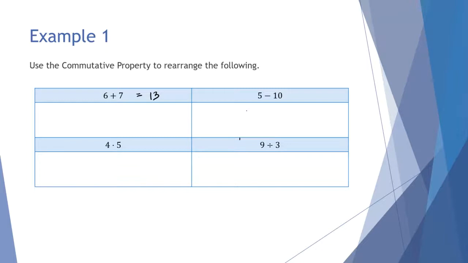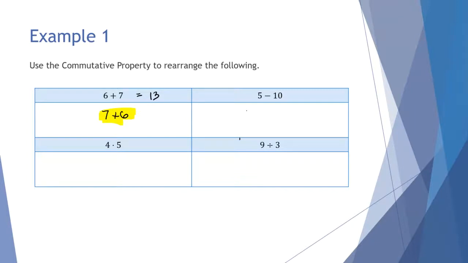So instead of writing 6 plus 7, we can write 7 plus 6. That's using the commutative property. We're just rearranging it, and the answer is the same. 7 plus 6 is 13, 6 plus 7 is 13. That answer doesn't change, and that's why we're allowed to do this. We're just rearranging the order.